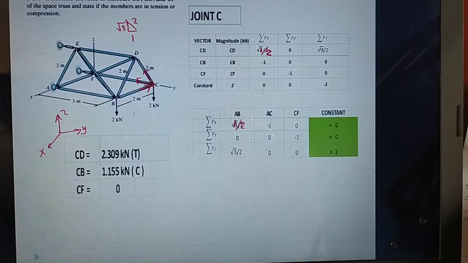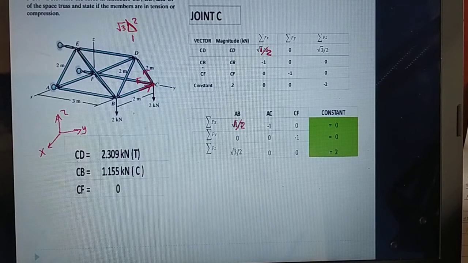And for the Z axis, that is the vertical. If this is going up, this is positive, which is the vertical component of CD: square root of 3 over 2. So this is positive. And positive 1 over 2 because the x-axis is towards me for CD.